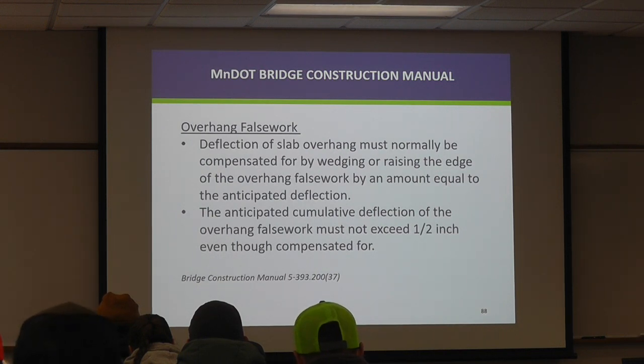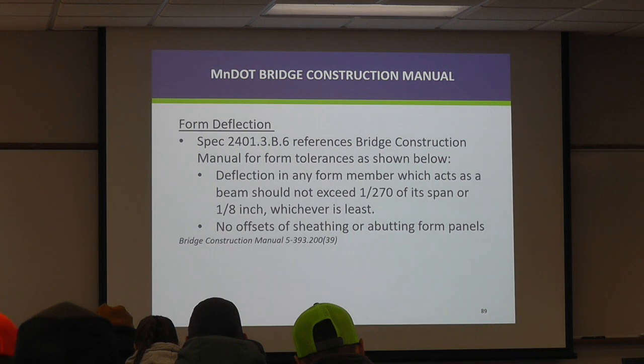And so the overhangs have to compensate for whatever the anticipated deflections are. They must not exceed a half inch, even though it's compensated for. So those are all things that the spec book, or pardon me, the bridge construction manual talks about.